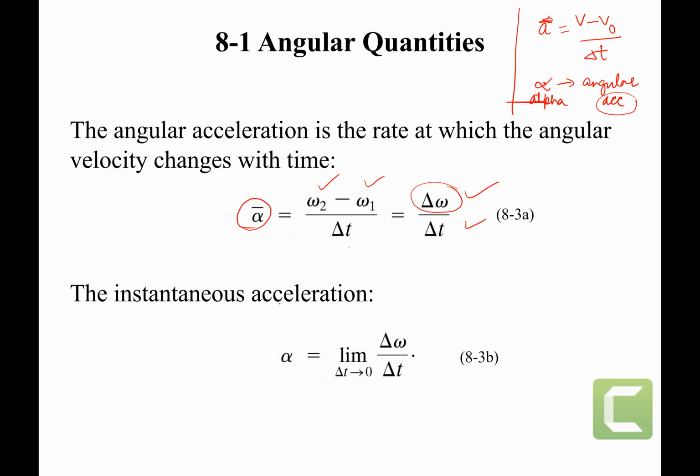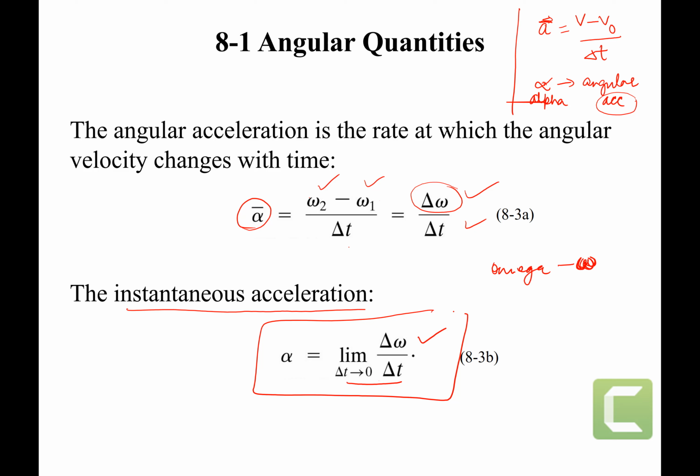And similarly, I can define instantaneous acceleration, that is acceleration at that very moment. That means where the time interval is very, very small. So delta omega over delta t, where omega represents angular velocity, will again give me the instantaneous acceleration in rotational motion, called the angular instantaneous acceleration.